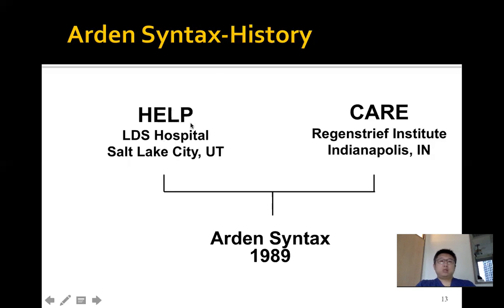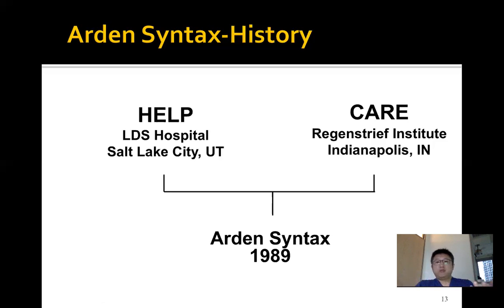So the LDS hospital has the HELP health system. Last semester we talked about many health informatics systems. HELP is one of the famous ones, and another is the Care system. And we all know the Regenstrief Institute is another famous one.